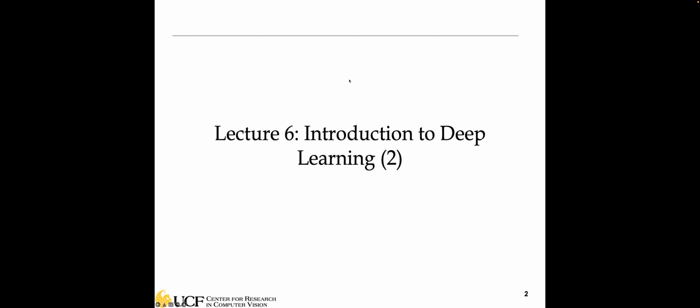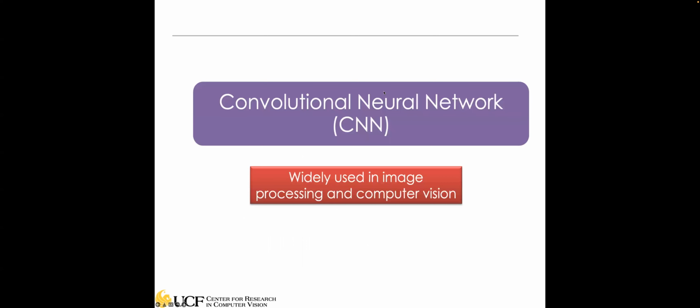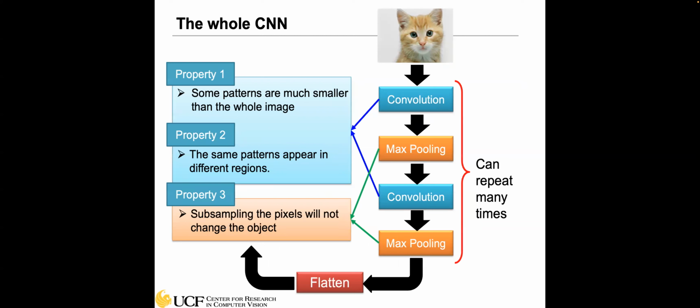Okay. So for today's lecture, we'll keep talking about deep learning. These will cover some of the basics. And we'll keep talking about the convolutional neural network since we're dealing mostly with image processing. Just a quick recap from last lecture.